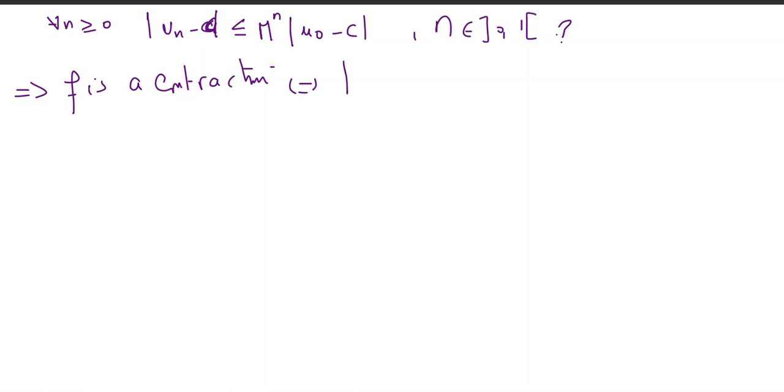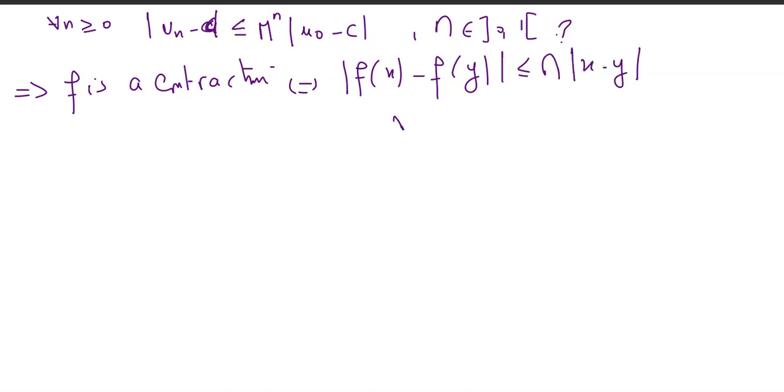F is a contraction. It means that the absolute value of f of x minus f of y is less than m times the absolute value of x minus y, whatever x and y in the domain I, and of course there exists m that belongs to the open interval 0, 1.